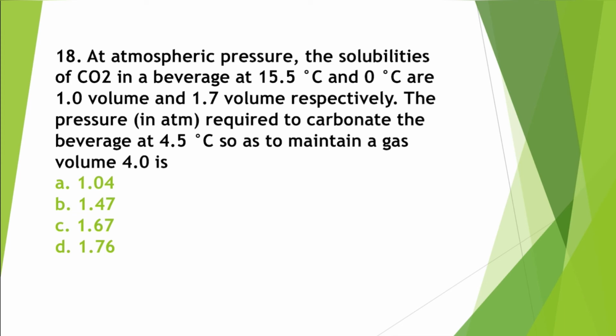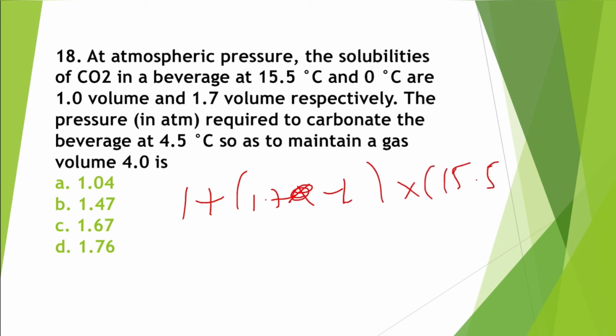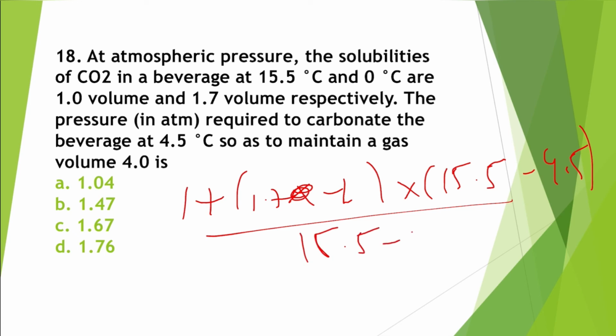So we have to calculate the solubility at 4.5 degrees Celsius of atmosphere. Let us calculate pressure, that is 1 plus (1.7 minus 1) into (15.5 minus 4.5) upon (15.5 minus 0).